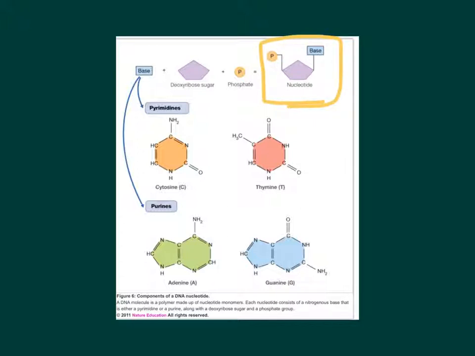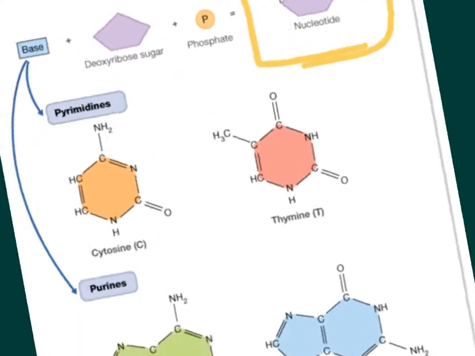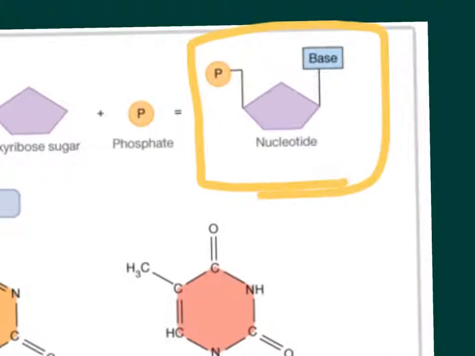So up in this top right corner is our nucleotide. Cartoon version, agreed? That cartoon version just shows us the phosphate, the sugar, and our base.